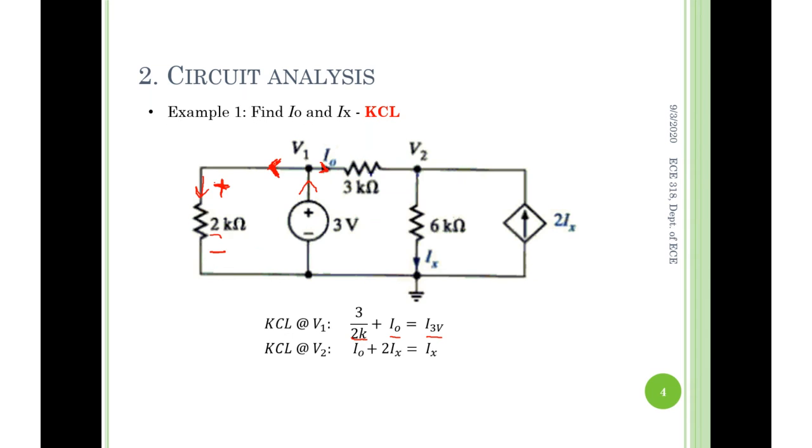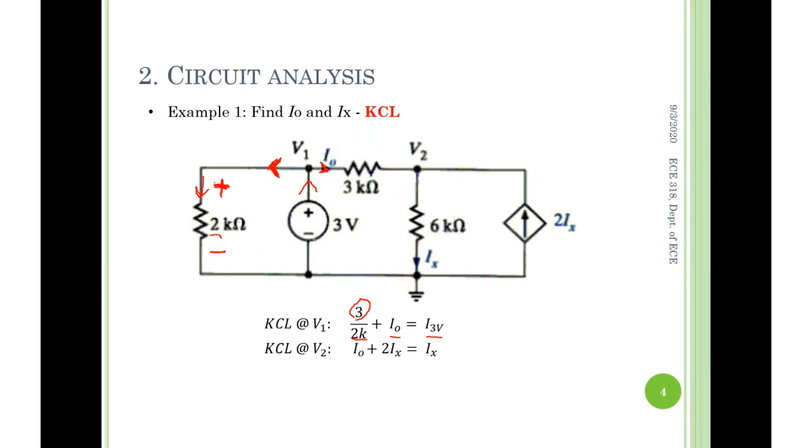So now, how do we express this current? Voltage divided by 2K. And which voltage, following this polarity and right across 2K? V1, right? Nothing but V1. So this current should be V1 over 2K. Of course, by careful observation, you will see V1 equals nothing but 3 volts.